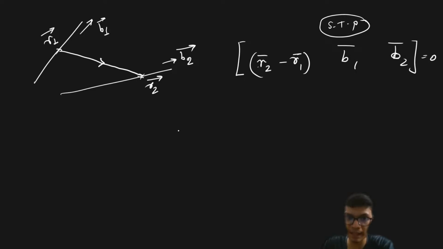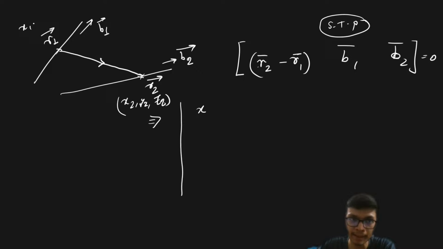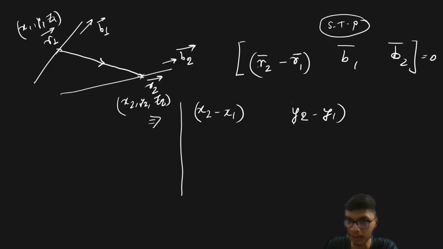Now how do we solve this scalar triple product? For that I will use the determinant. For R2 minus R1, I write the coordinates: let R2 be (x2, y2, z2) and R1 be (x1, y1, z1). So the first row is x2 minus x1, y2 minus y1, and z2 minus z1.